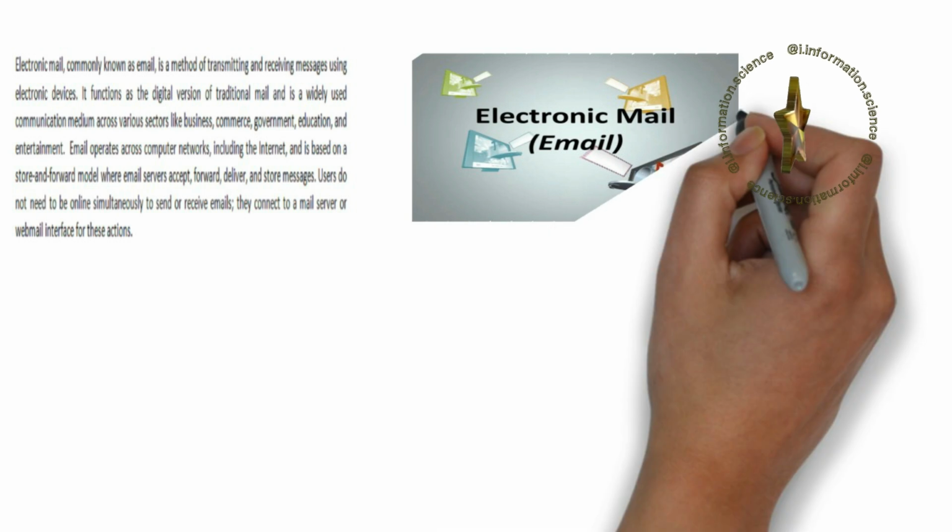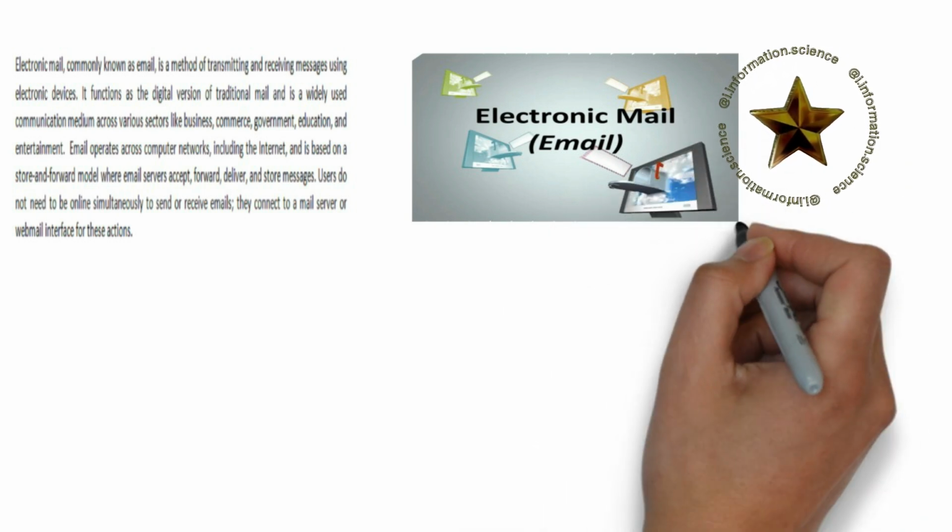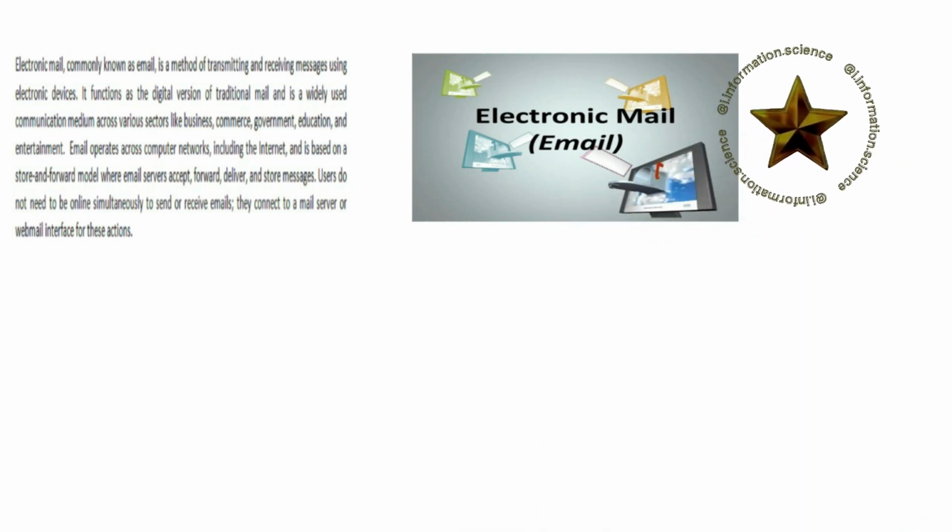Email operates across computer networks, including the Internet, and is based on a store and forward model where email servers accept, forward, deliver, and store messages. Users do not need to be online simultaneously to send or receive emails. They connect to a mail server or webmail interface for these actions.